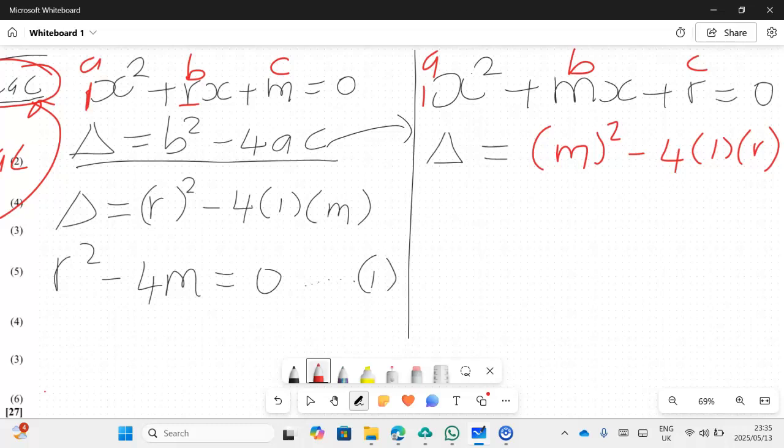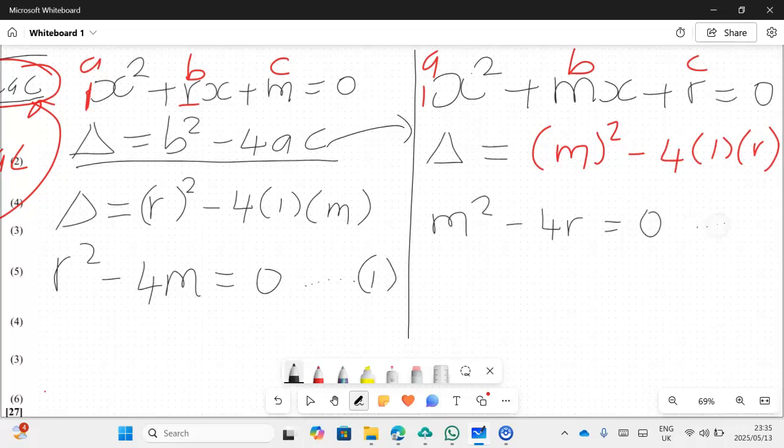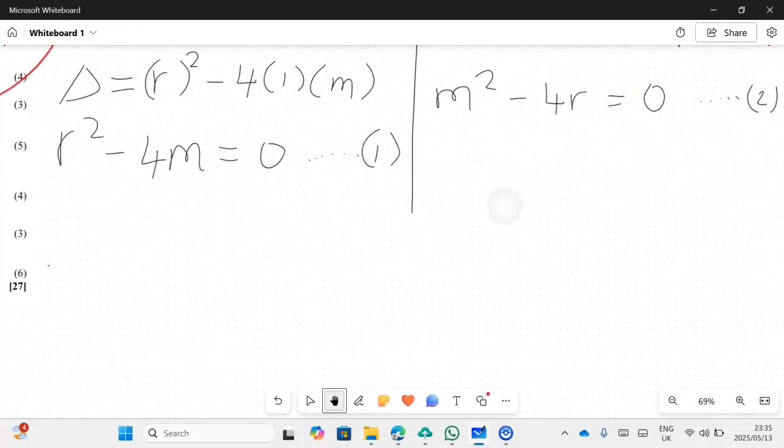And this must be equal to 0, so we have m squared minus 4r equals 0. This will be our equation number 2. So we have two equations, and we have to solve them simultaneously. We have two unknowns, so we must have two equations.